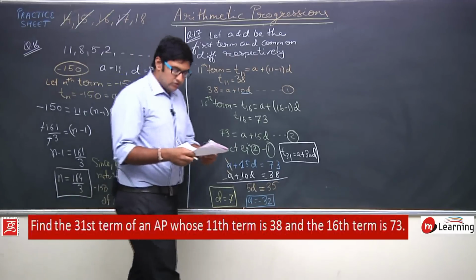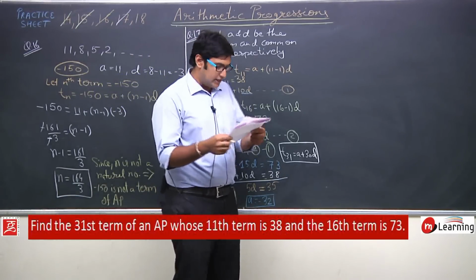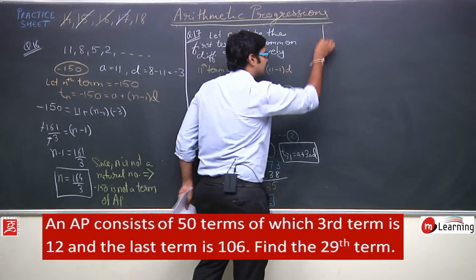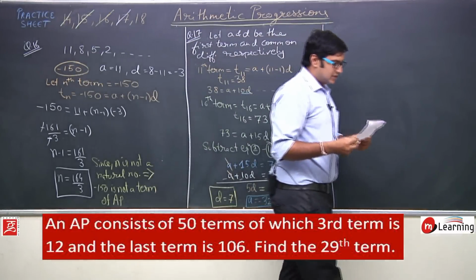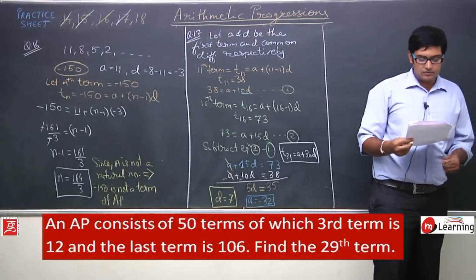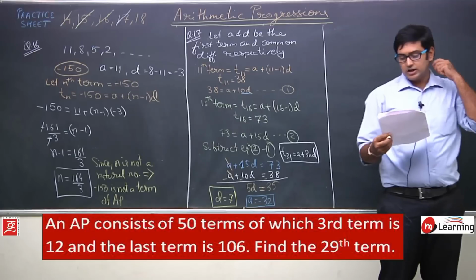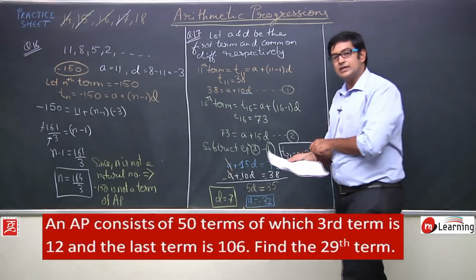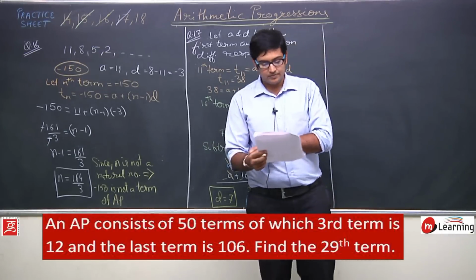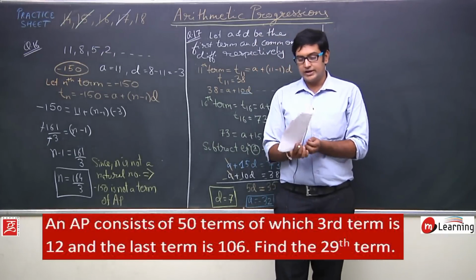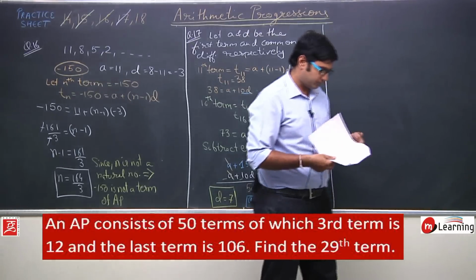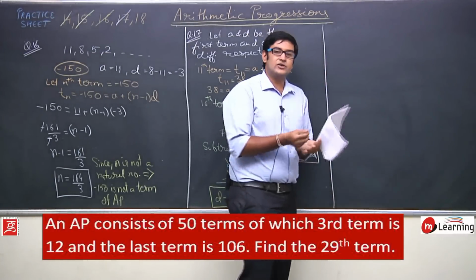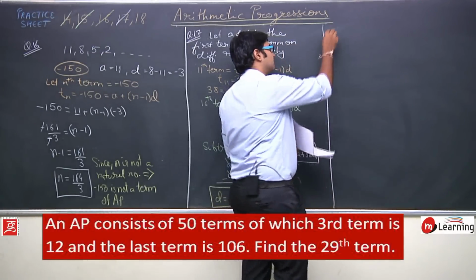Let us now solve question number 18. Question number 18 says an AP consists of 50 terms, of which the third term is 12 and the last term is 106. Then find the 29th term. So we need to determine the 29th term.